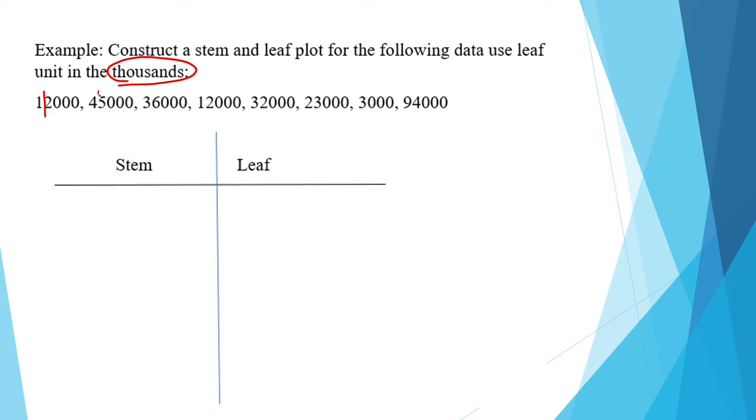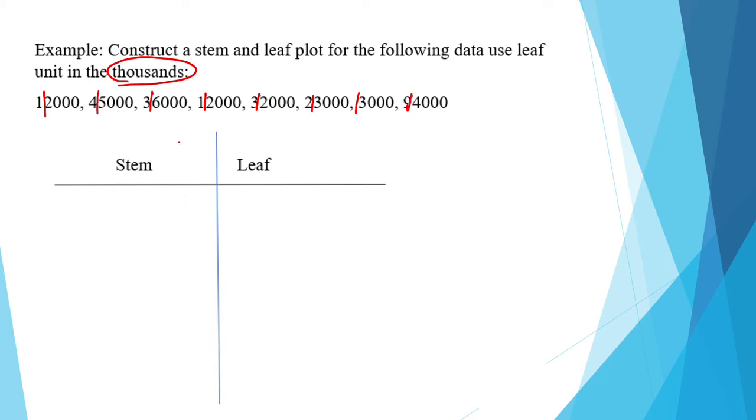And for each number, I'm going to locate the thousands position and draw a vertical line to the left of that. $3,000 has no number in front of it, but I'm still going to draw a vertical line in front of the 3.